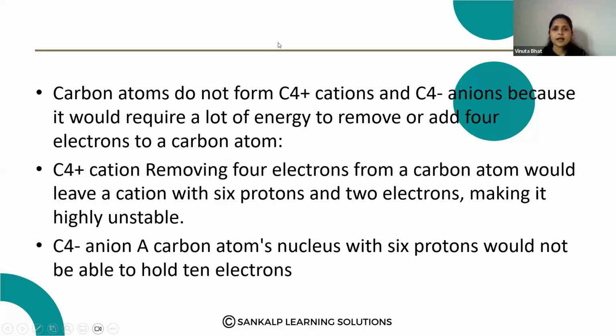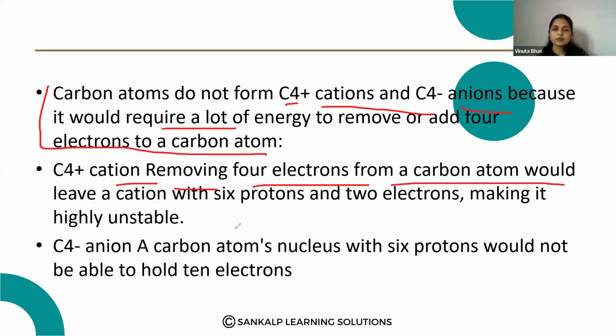Here, carbon atom does not form the C4 plus cations and C4 minus anions because it would require a lot of energy to remove or add 4 electrons to the carbon atom. This is the first reason. C4 cation: removing 4 electrons from the carbon atom would leave a cation with 6 protons and 2 electrons, making it highly unstable.